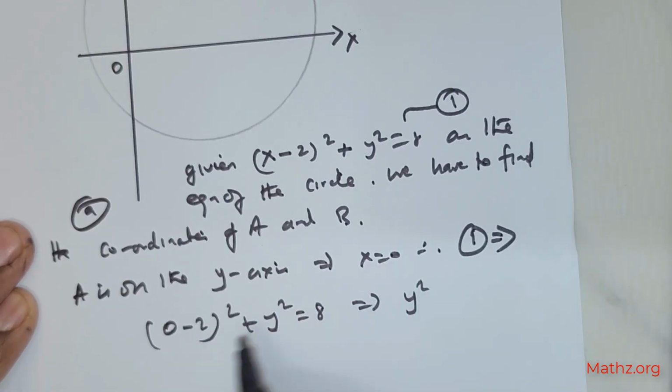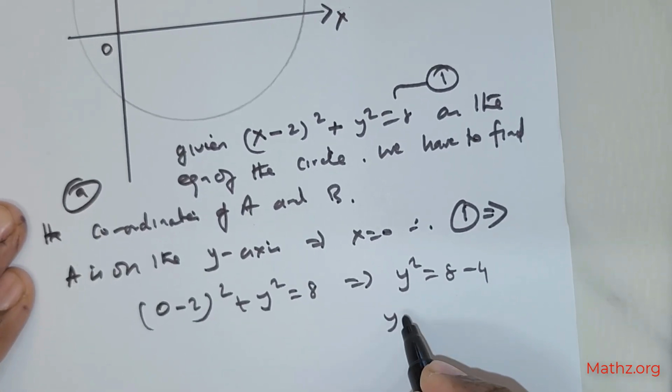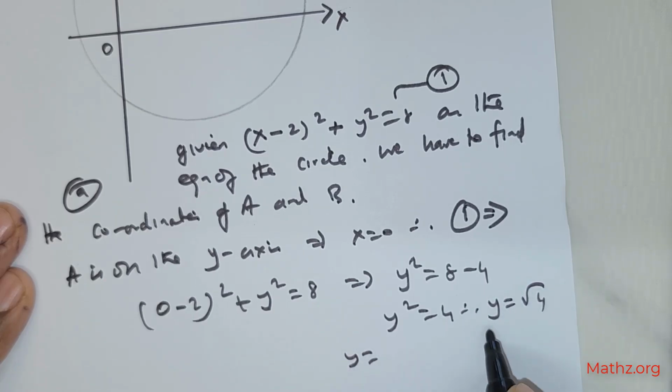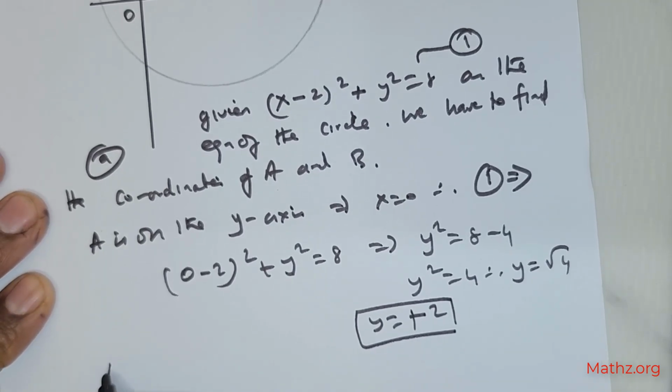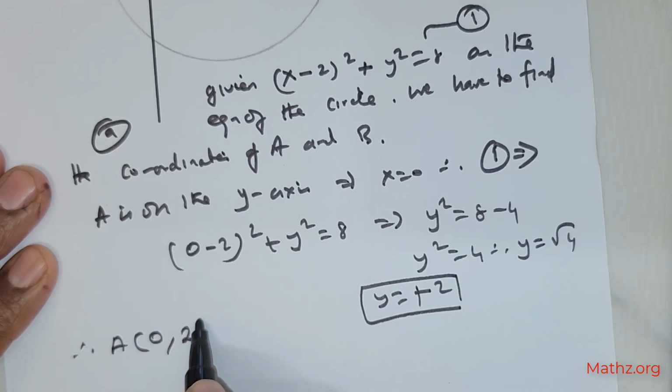Which means this is 4 units. So y squared = 8 - 4. So y squared = 4. Therefore y = root of 4, and you will have plus 2 and minus 2. But we need only plus 2. So y = 2. Now the coordinates of A. So therefore A coordinate is (0, 2).